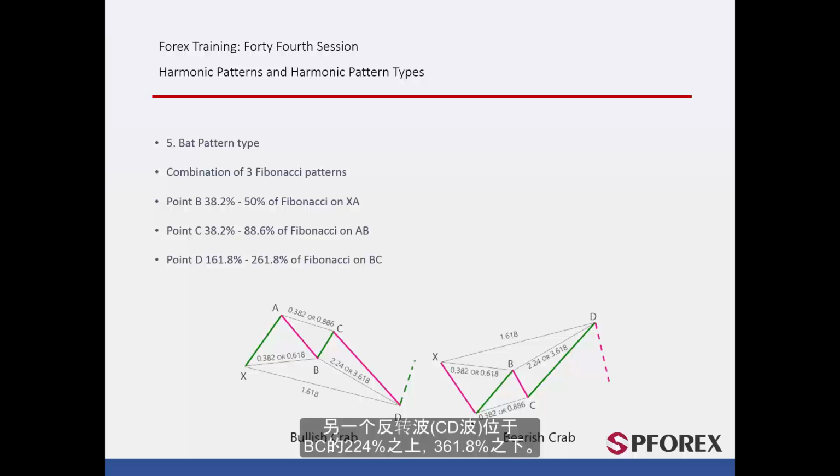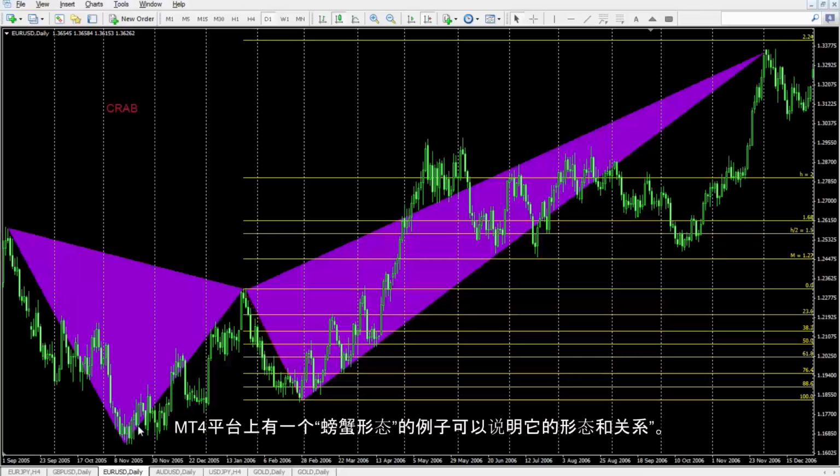Another reverse swing, CD, is over 224% and less than 361.8% of BC. Point D is around 161.8% of the Fibonacci over XA. There is an example on MetaTrader 4 that shows a crab pattern with its relations and conditions.